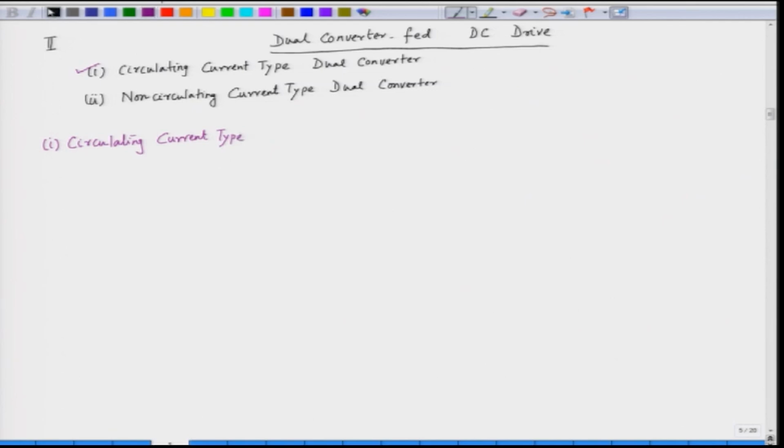In this case, we have two converters. I am just showing them in the form of a box, and this is an SCR bridge. It is a 3-phase fully controlled bridge converter. So, we have two converter bridges. These two converter bridges are connected in anti-parallel, but not directly.